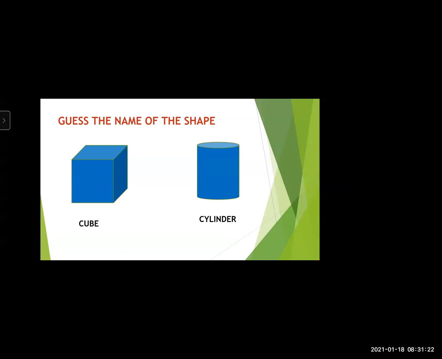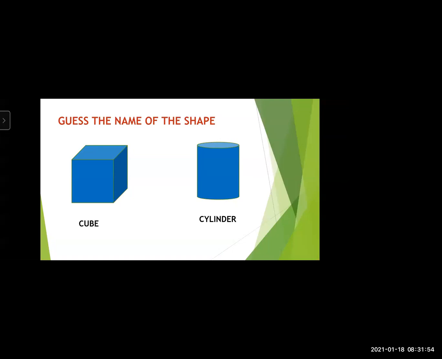Triangular prism. Very good. Next? Cylinder. Excellent. That means you have learned four three-dimensional figures today. We have also studied their sides, vertices and faces, how they look, and when we cut them, the net of each, how it looks. We have learned all these things.